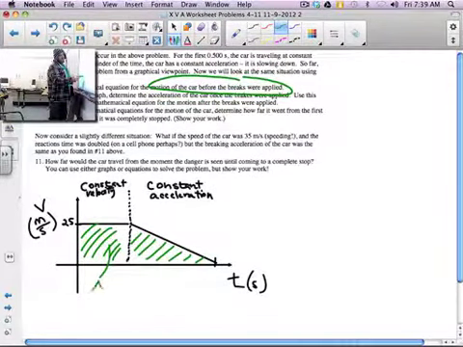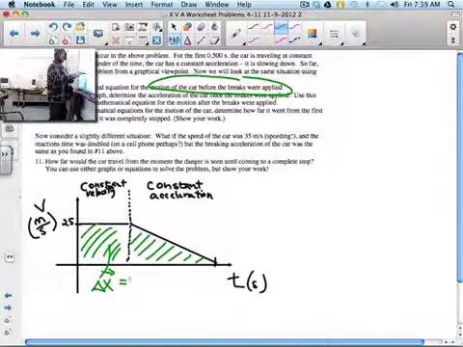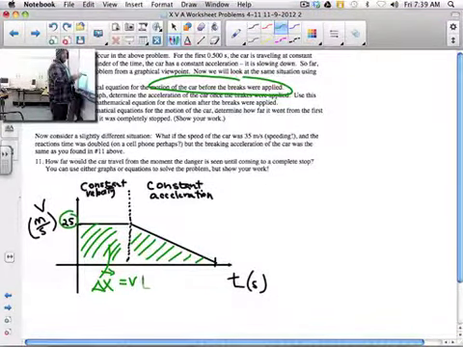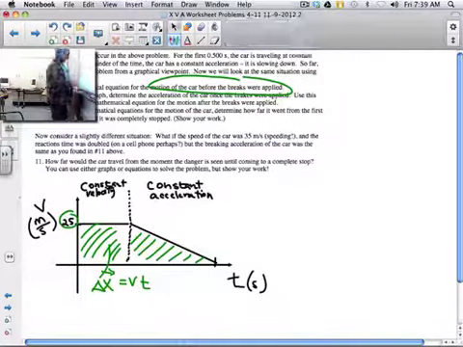That area is displacement. Displacement is going to be our velocity, this number, times our time, which in this case is 0.5 seconds.